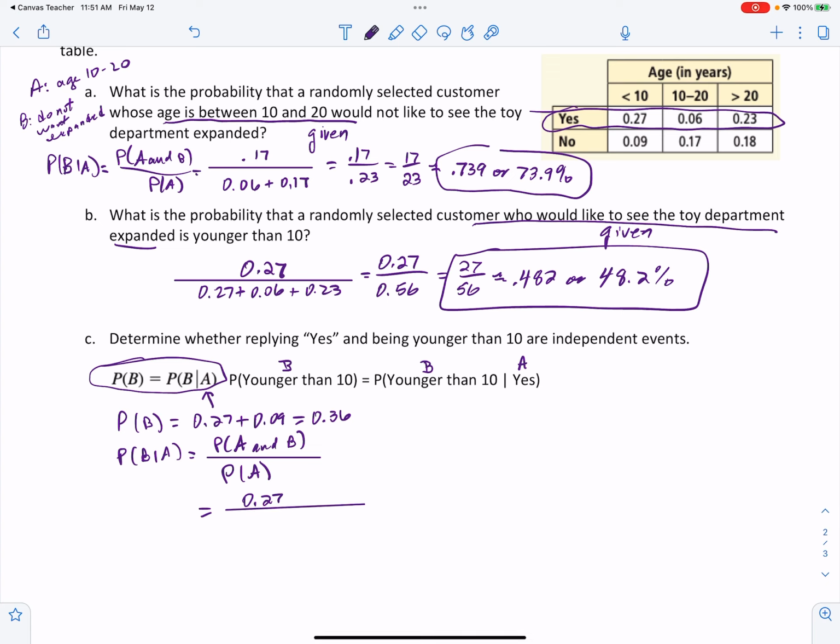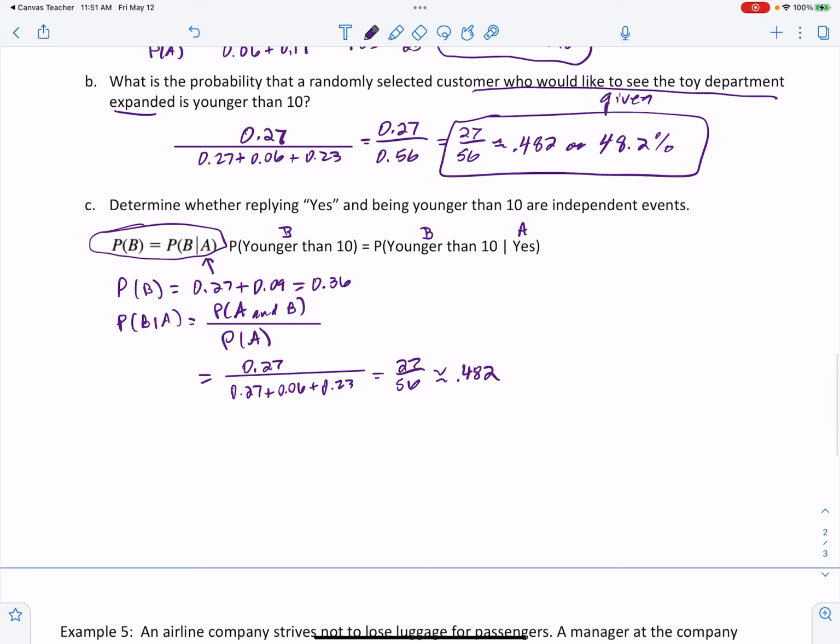And the probability that A occurs is going to, again, be that 27 over 56, 0.482, because it's the same thing that we just saw in Part B. And so we have, is the probability of B the same as the probability of B given that A has occurred? Well, is 0.36 the same as 0.482? And they are not the same.